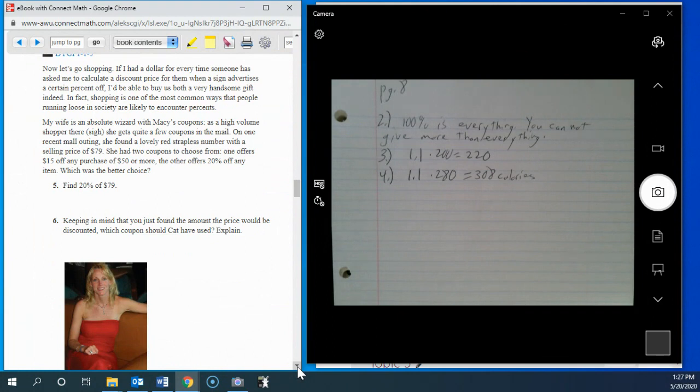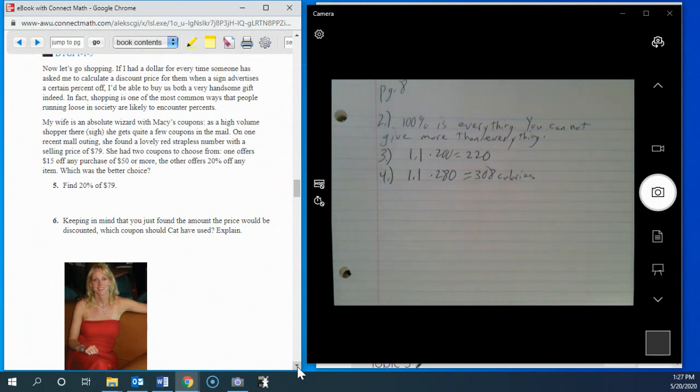My wife is an absolute wizard with Macy's coupons. As a high volume shopper there, she gets quite a few coupons in the mail. On one recent mall outing, she found a lovely red strapless number with a selling price of $79. She had 2 coupons to choose from. One offers $15 off any purchase of $50 or more. The other offers 20% off any item. Which was the better choice?